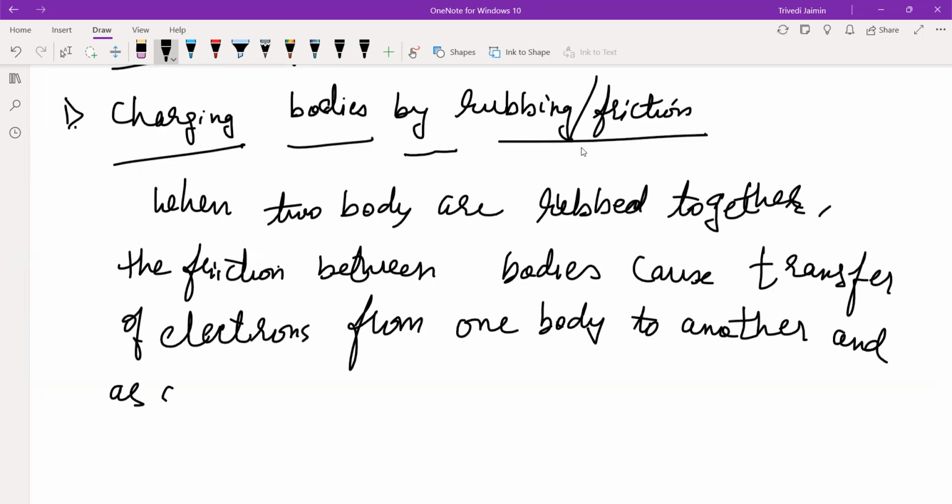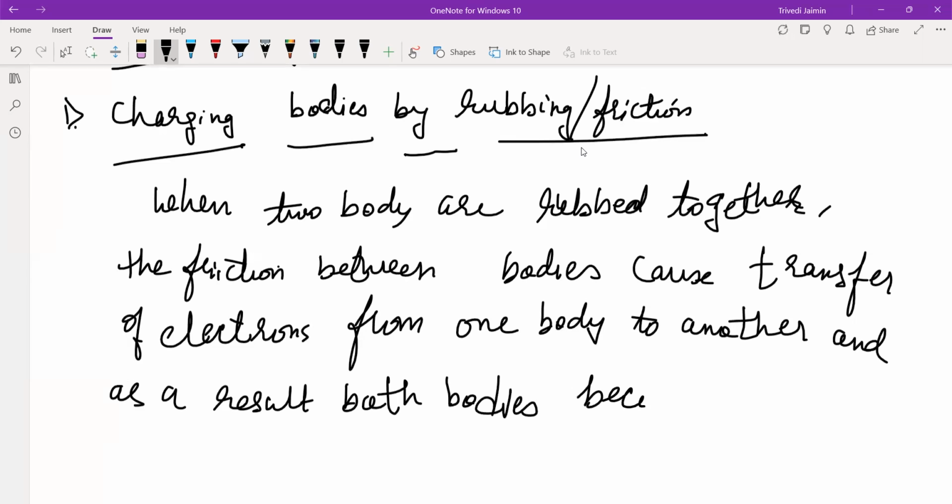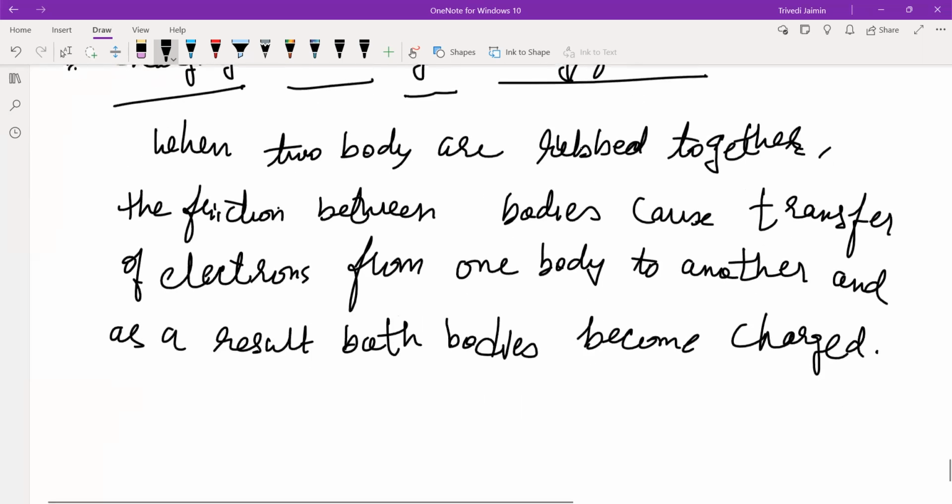And as a result, both bodies, not body, it's plural, both bodies become charged. Let it be positive or negative, doesn't matter. But it becomes charged.